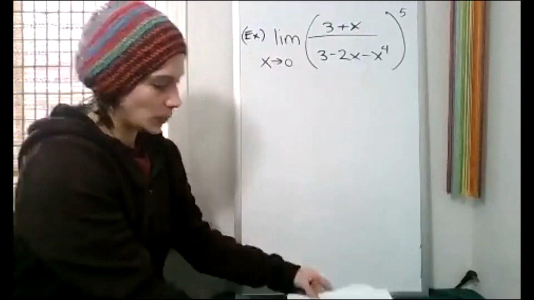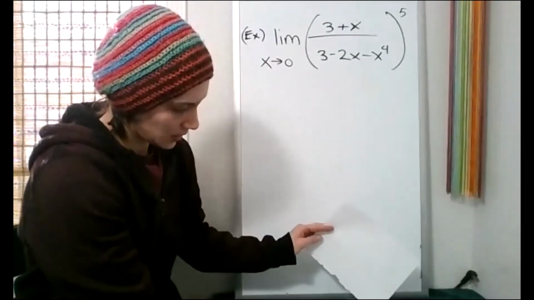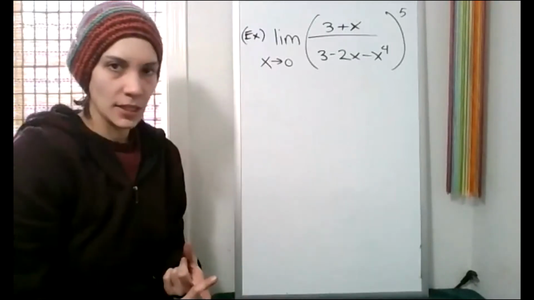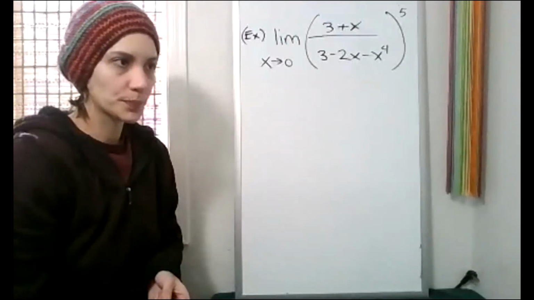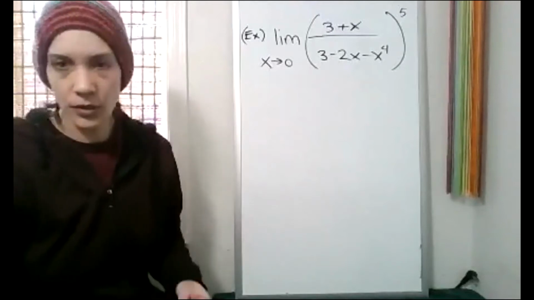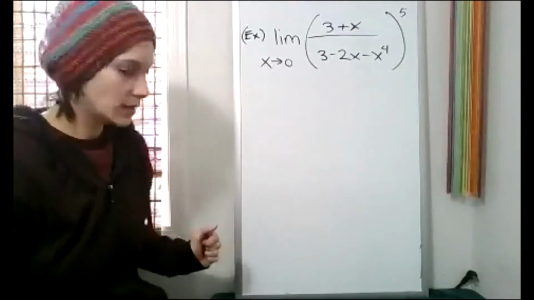I wanted to note that the sections that are on the test are going to be 2.1, 2.2, 2.3, and 2.5. That's it.